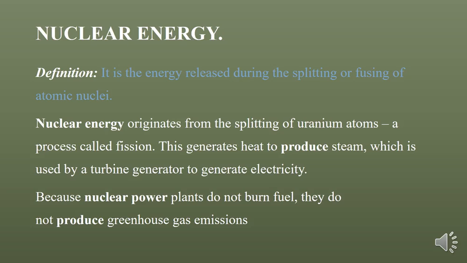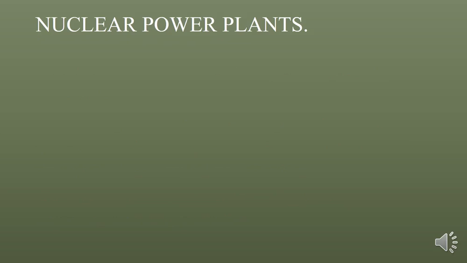This generates heat to produce steam, which is used by a turbine generator to generate electricity. Now, because nuclear power plants do not burn fuel, they do not produce greenhouse gas emissions.